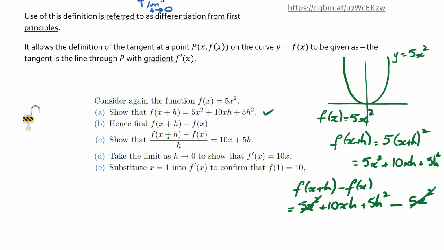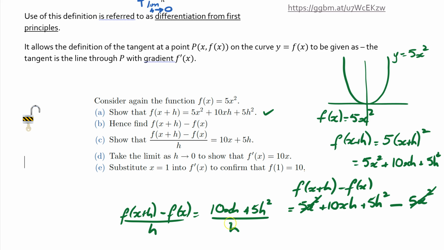Part C then says, so this is building up our expression for f dash of x. So part C says, show that f of x plus h minus f of x all over h equals that thing. So we've just worked out what f of x plus h is. It's minus f of x. It's 10xh plus 5h squared.